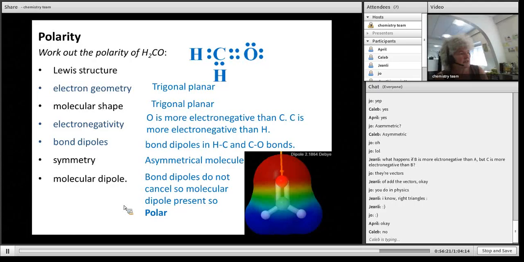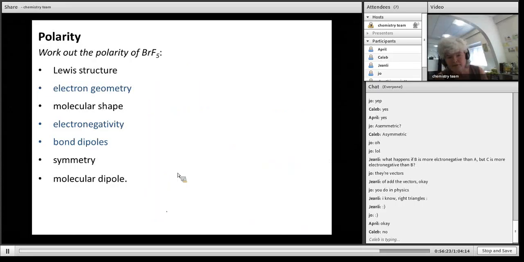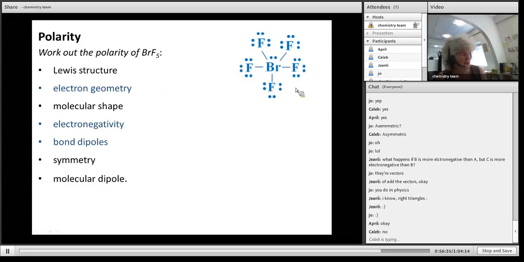Okay, so here's one, BrF5. You might go, oh, BrF5, but if you just work through your Lewis structures, you'd be able to work it out. And as I say, for this type of question, they always give you the Lewis structure in the first place. It's got 6 areas of negative charge because it's got a lone pair and 5 bonds.